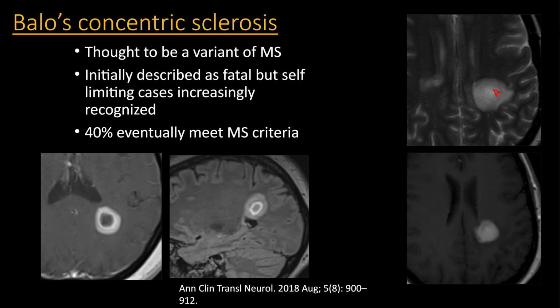Here's another case. On the T2, you can see very nicely these alternating rings of non-enhancing white matter, giving that onion skin appearance. On the post-contrast, they tend to blend in, but you can still see some non-enhancing rings. This one's much harder to see, but on the T2 this one's a nice one as well, because you can see all these hyperintense rings.